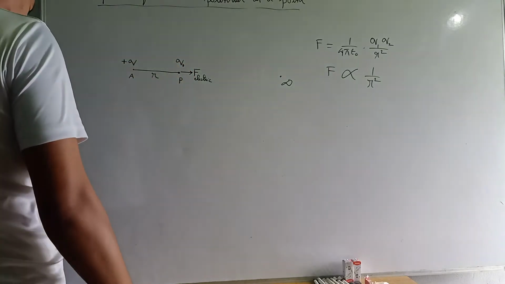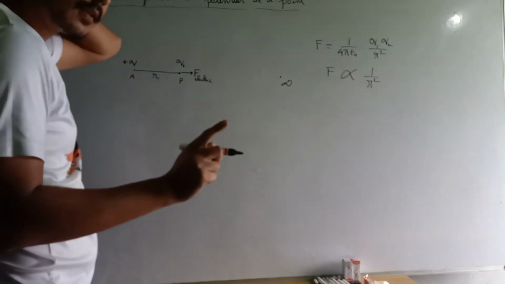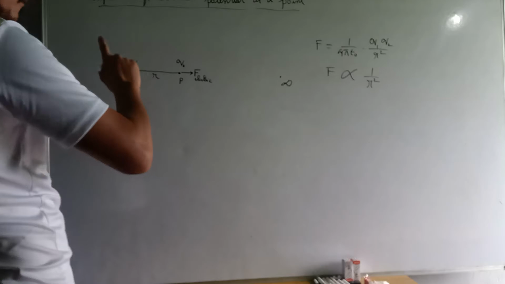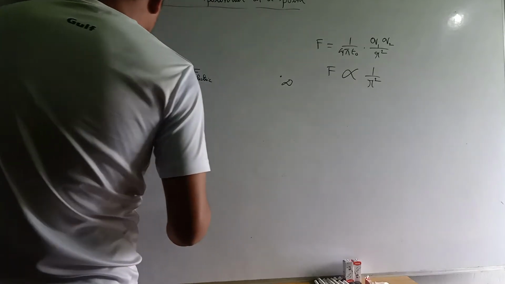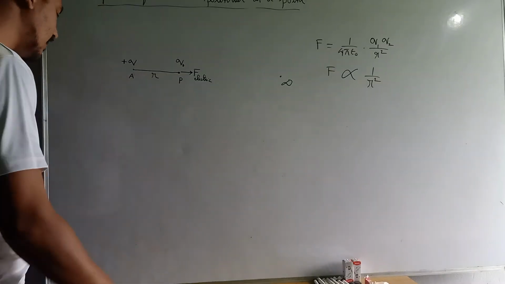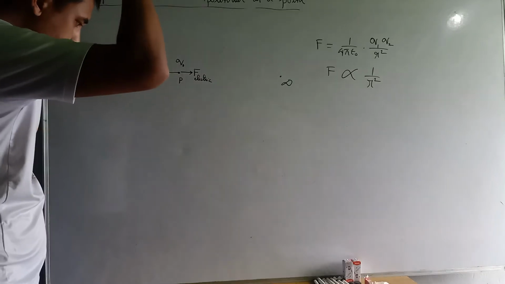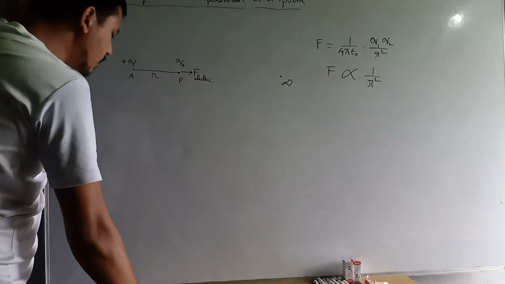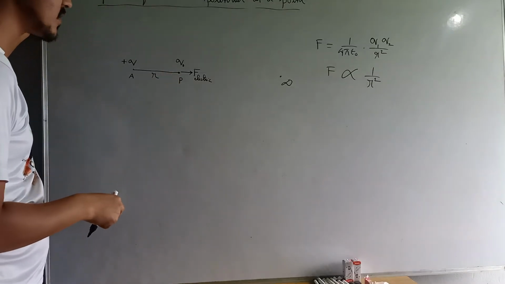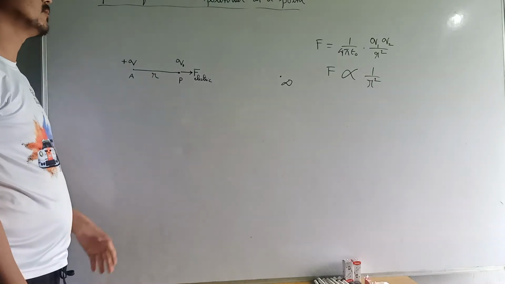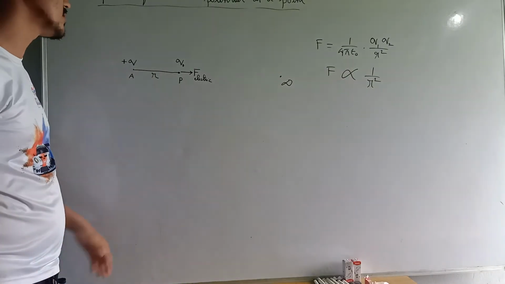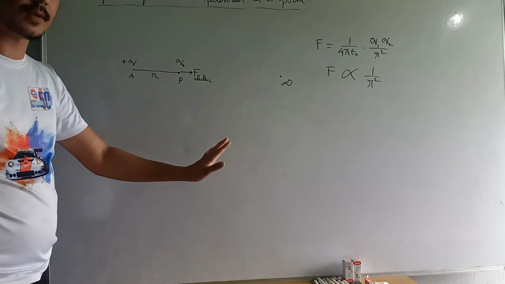And we know that electrostatic force is conservative. Since the electrostatic force is conservative, work done by a conservative force in a closed path is always 0.